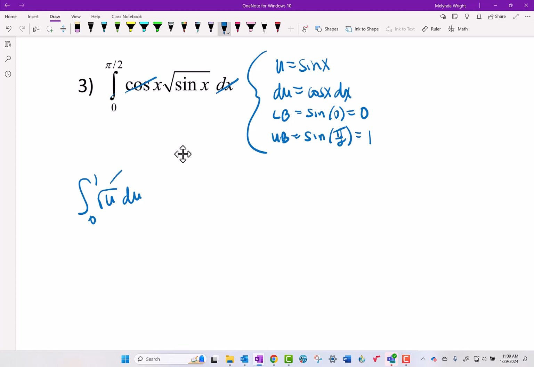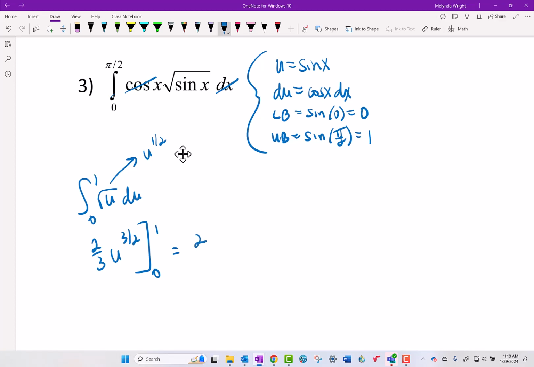So I'm going to just put a little note out here. That's the same thing as u to the 1/2. So we're going to do our reverse power rule. So 1/2 plus 2/2 is 3/2. And I'm dividing by 3/2, which is the same thing as multiplying by 2/3. And I'm going to do this from 0 to 1. Okay?